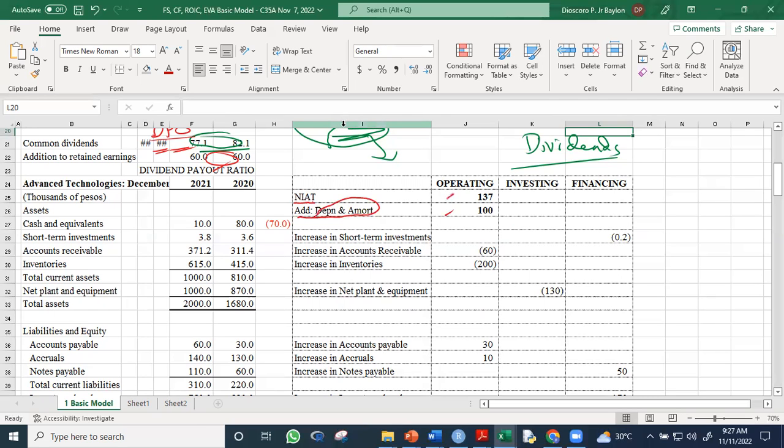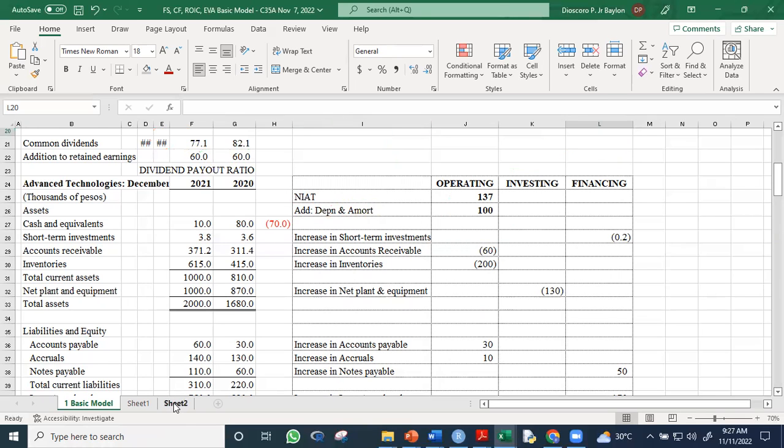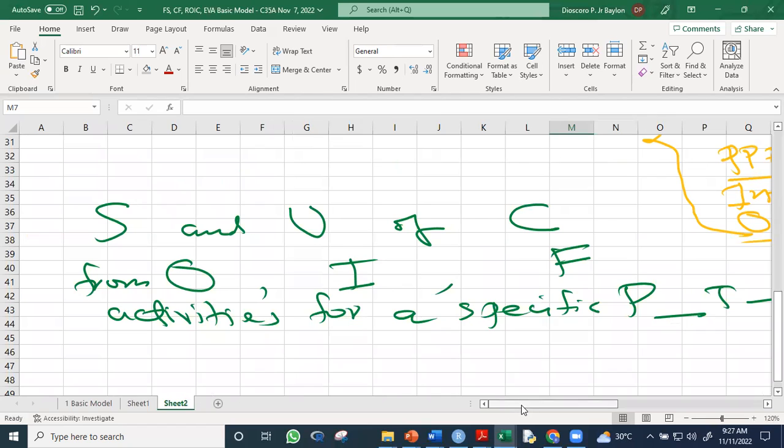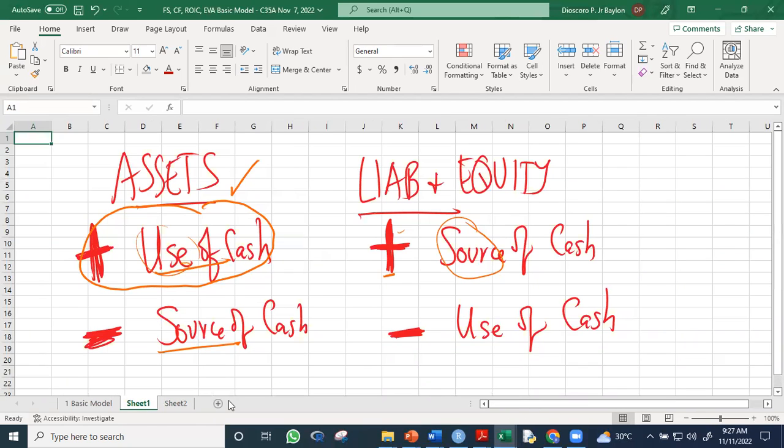So we said that the general rule is that if assets increase, it's a use of cash, and if they decrease, it's a source of cash. On the other hand, for liabilities and equity, any increase in liabilities and equity is a source of cash, and any decrease is a use of cash.